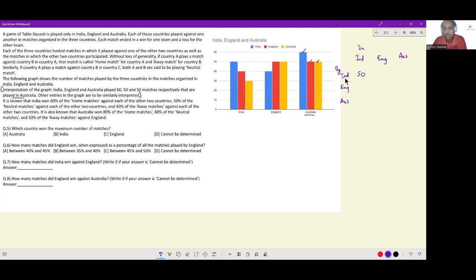Matches played by India in England is 40. This number, then this number, and then 60. Then the red columns we have to write. It will be 40, 40, then 50, then 50, and then Australia 30, 50, 50.